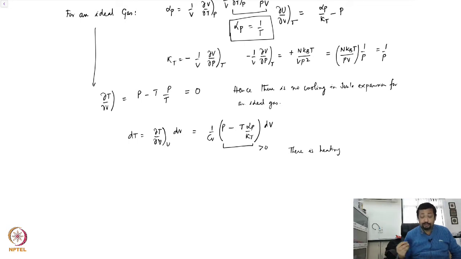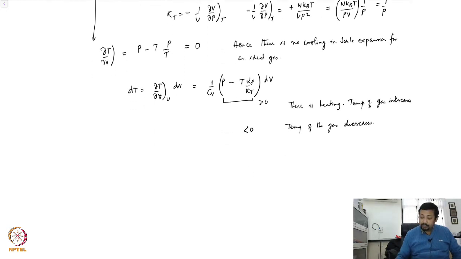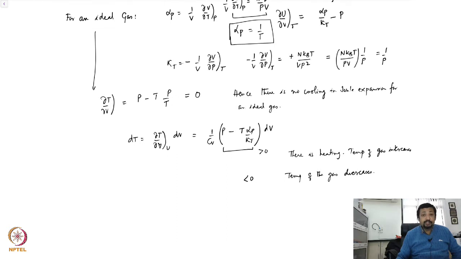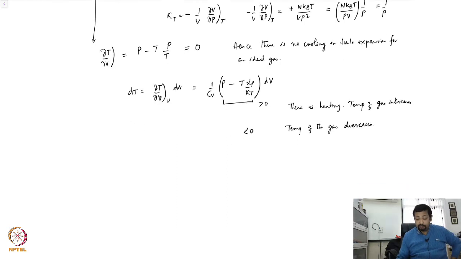So the temperature of the gas increases. If this is negative, then the temperature of the gas decreases, right? So this is how you deal with this system if you do not know the fundamental relation.